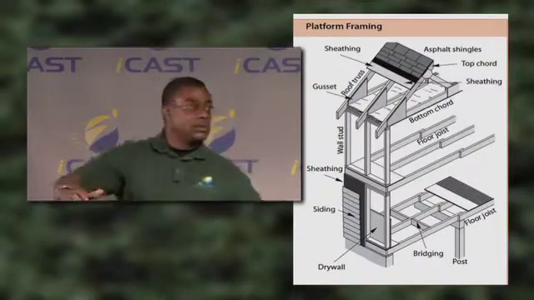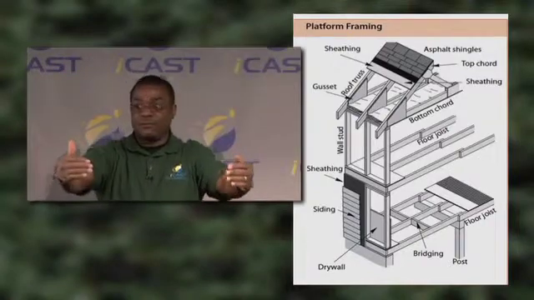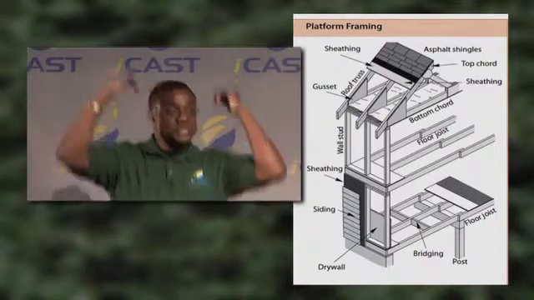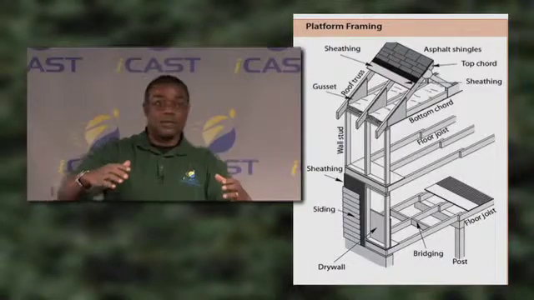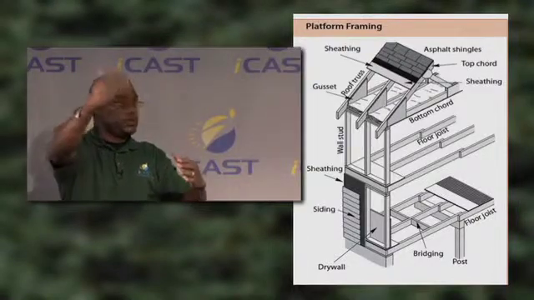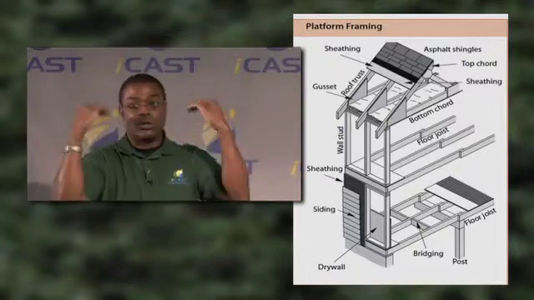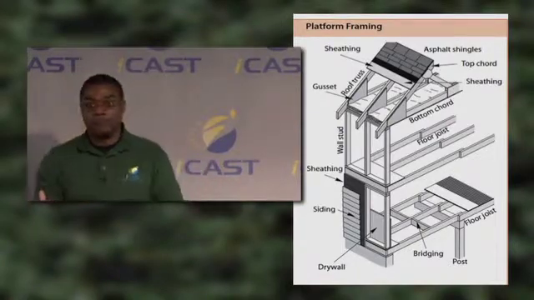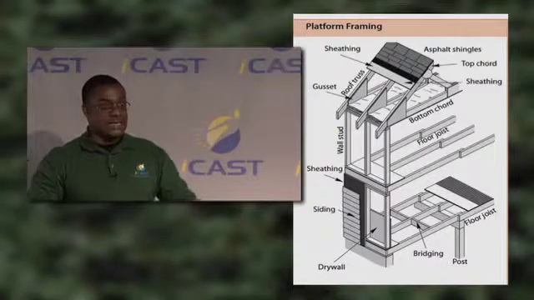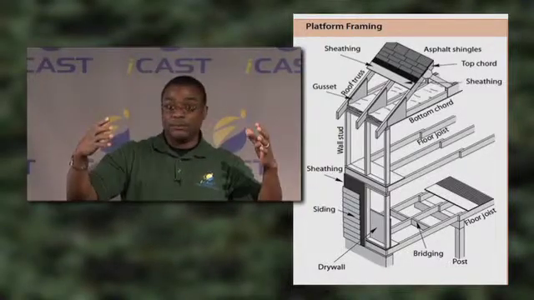They sheet it, and now you have a second platform for which you build the second story of walls on. Then they fly trusses and land them on top, and then you have truss work for your attic ceiling roof area. Okay? That's the concept of platform framing.